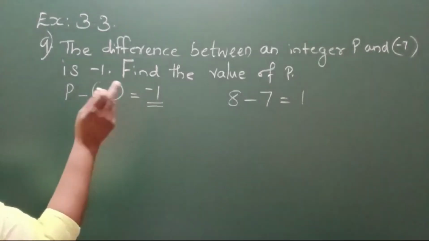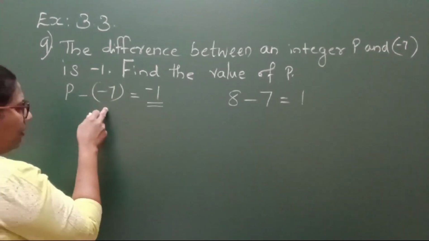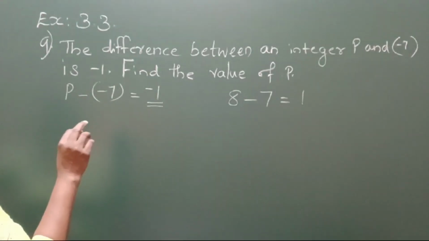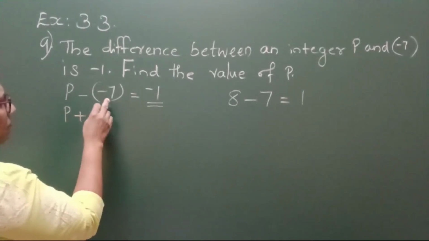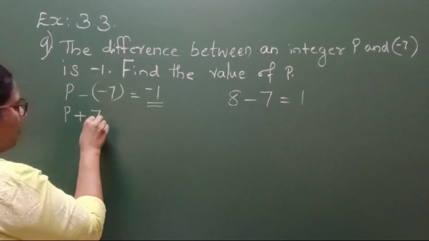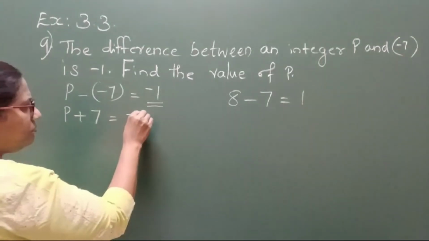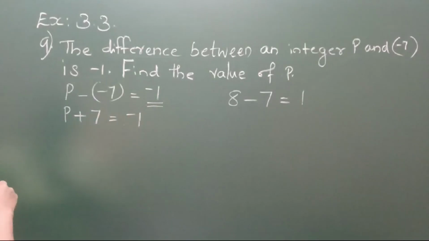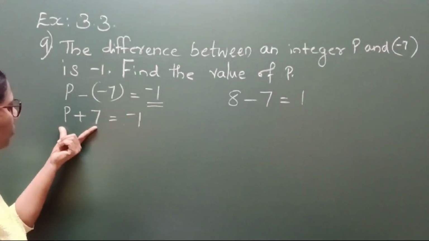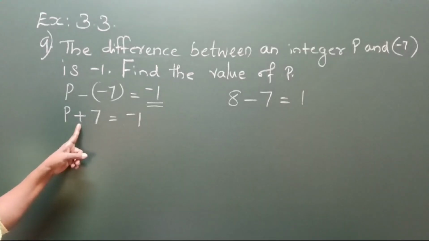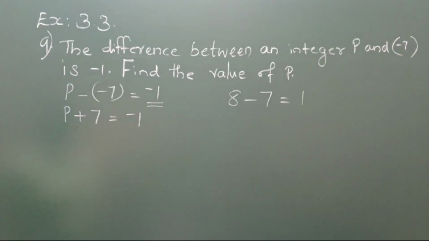First thing that we learned already is that when you subtract a negative integer, we have to use an additive inverse. That means p plus 7, this becomes positive, is equal to minus 1. That is what we learned. So here the sign is given plus and the answer is a negative integer.